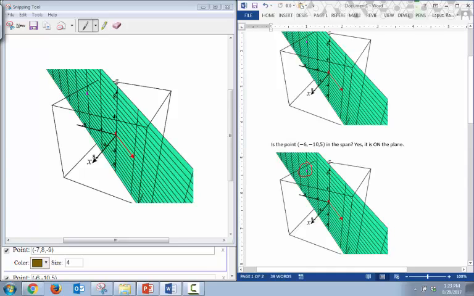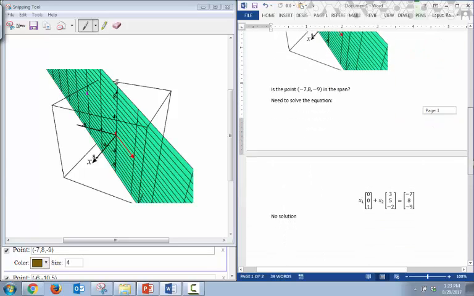And then we actually did our little math over here where it's 1 times 0, 0, 1 plus negative 2 times, what was the second vector? 3, 5, negative 2. And then that is a linear combination that gave us that point in space that's in a plane.